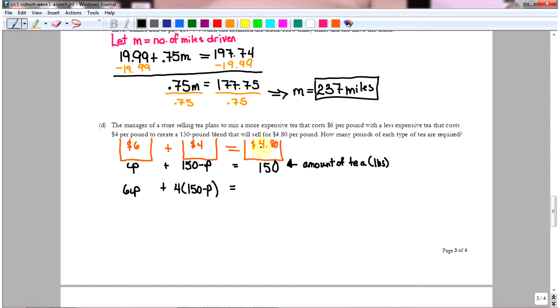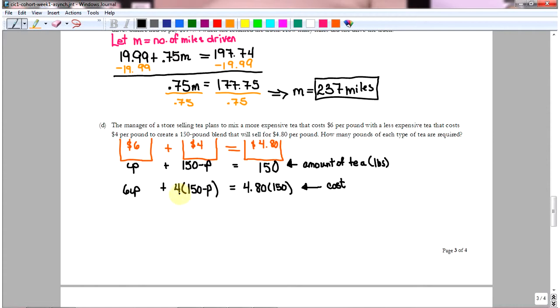And lastly, if it's $4.80 per pound and we have 150 pounds, we're going to multiply those two together. So the second equation is representing the cost. And notice that's an equation that we can solve and figure out what p is going to equal.